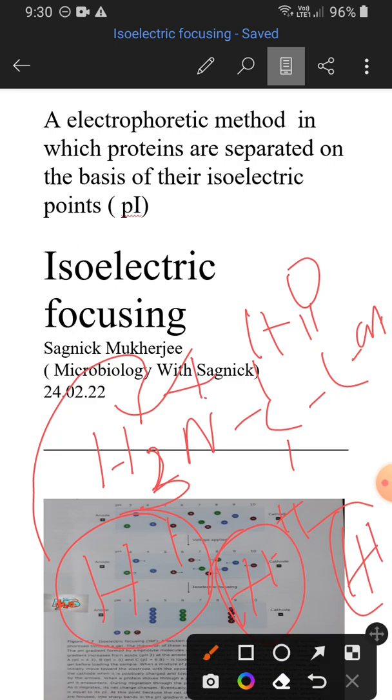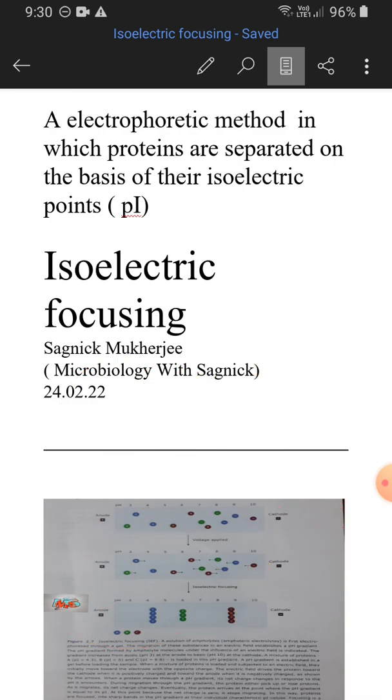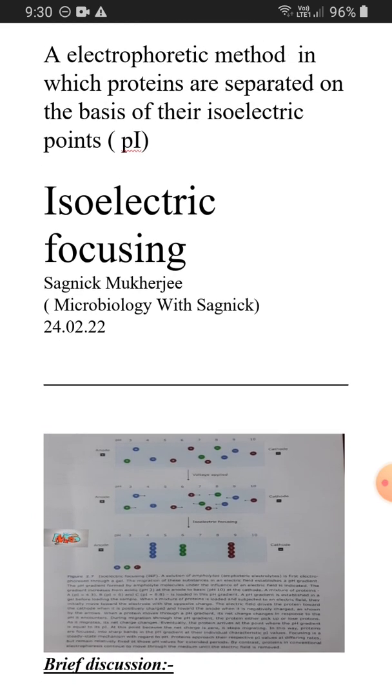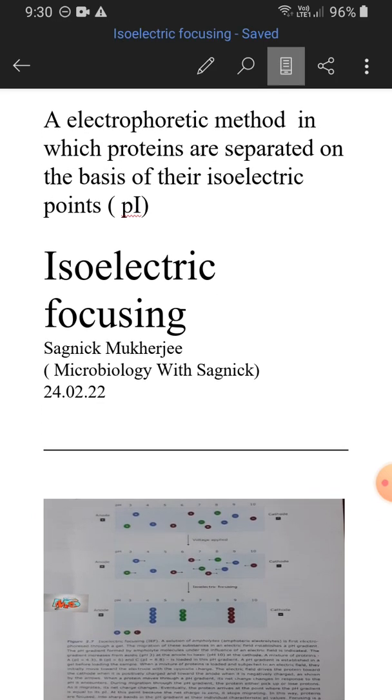So one thing you can keep in mind: in an acidic environment, there are many H+ ions present, and in the presence of that H+, the NH2 reacts with H+ and gives you NH3+. So in the acidic environment, your amino acid is positively charged.